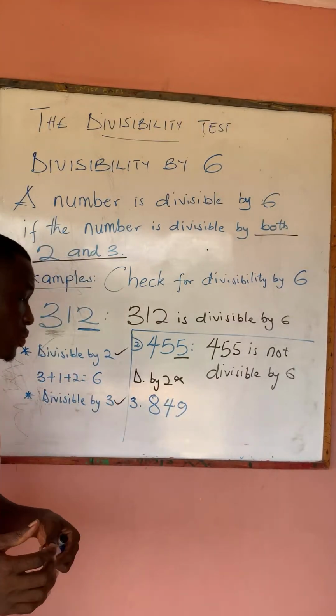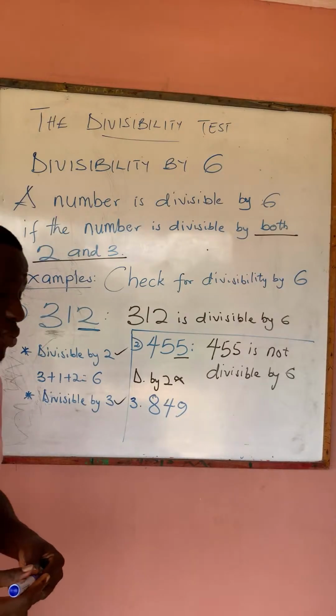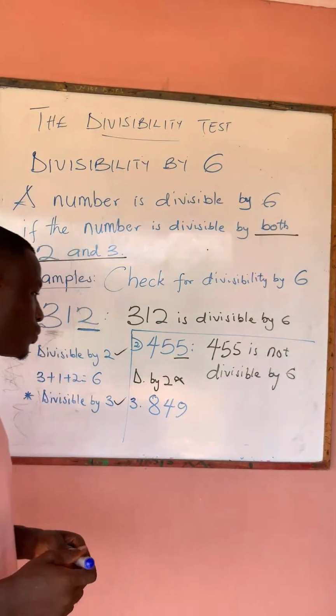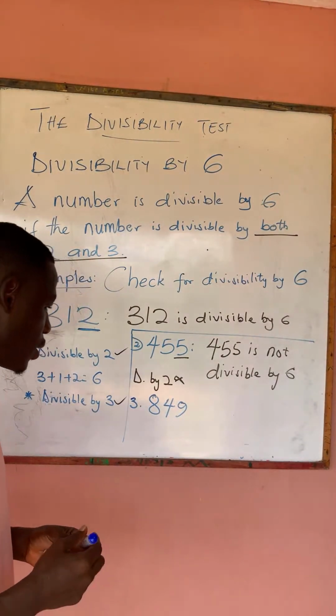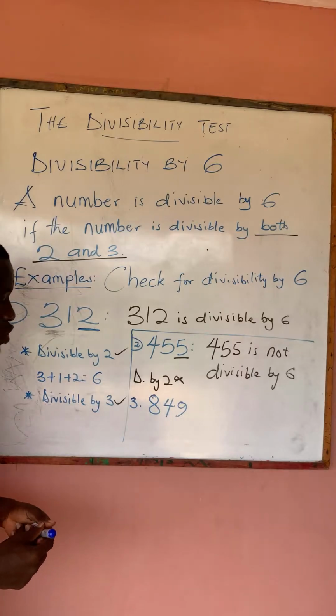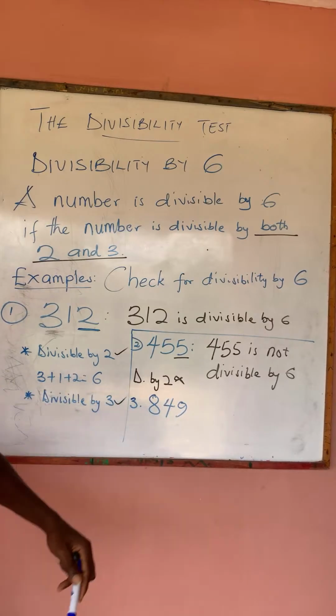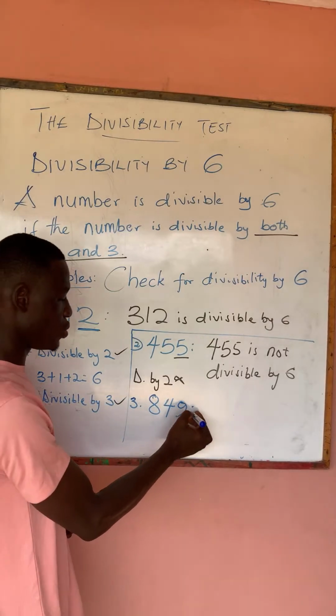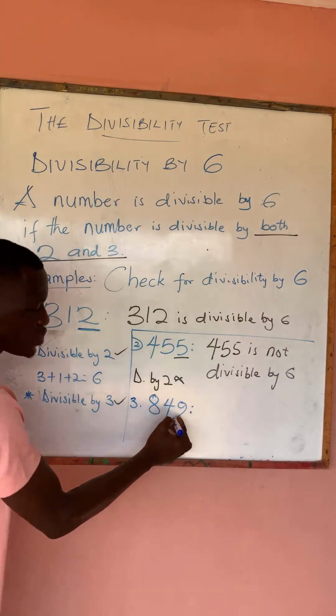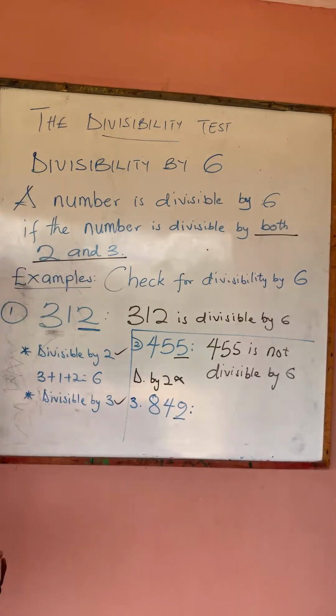849. Alright. Let's go. So we are going to check for divisibility by 2 first. The number ends with a 9.